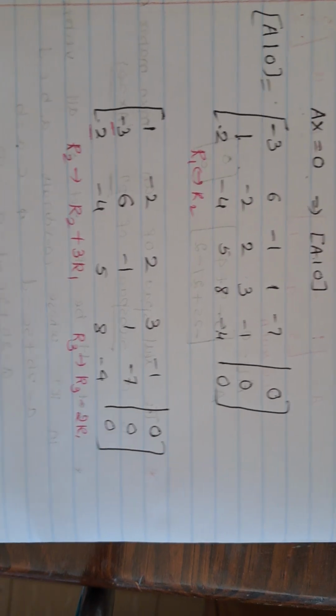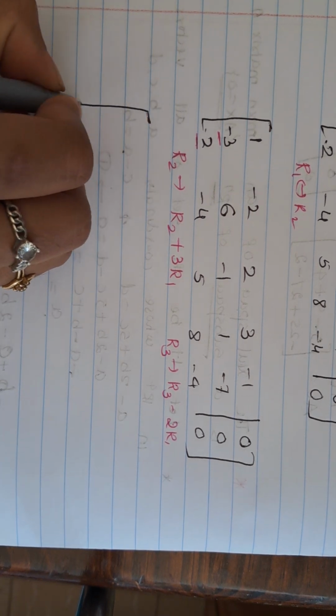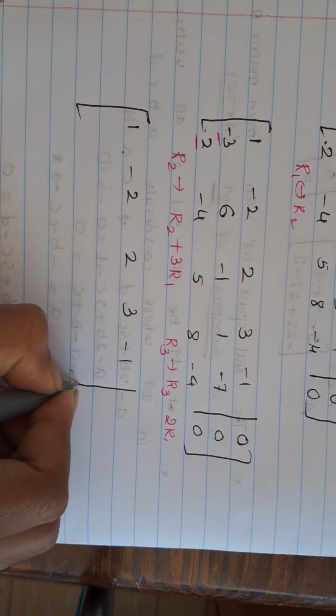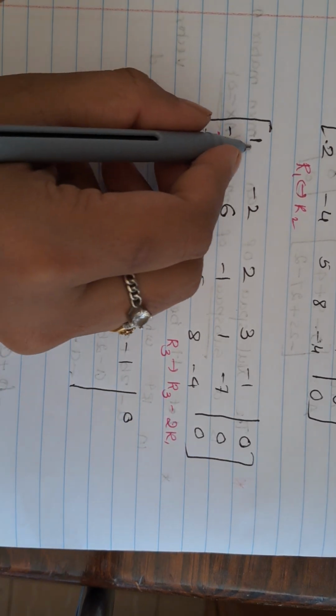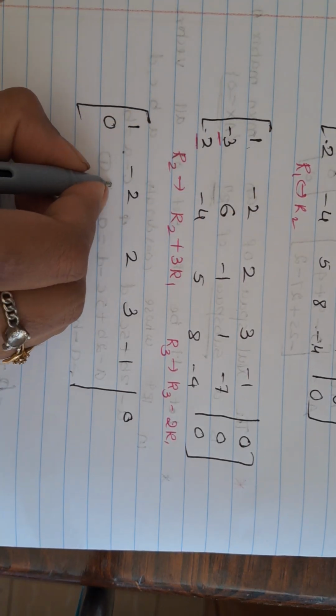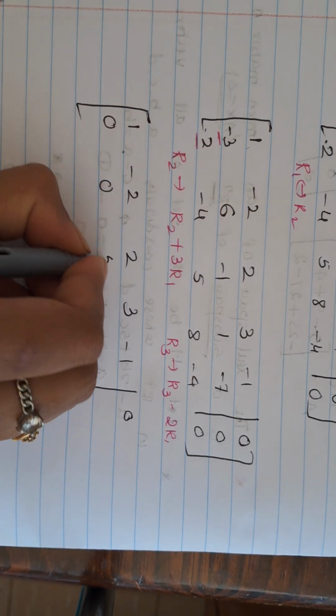Okay, so by doing this, we will get 1, -2, 2, 3, -1. So this is -3 plus 3, which is equal to 0. Then -6 plus 6, it will be 0. -1 plus 3, so that will be 5.